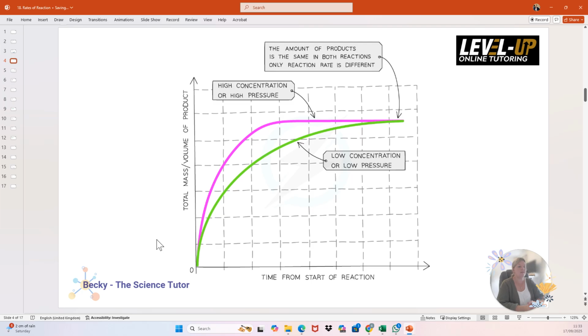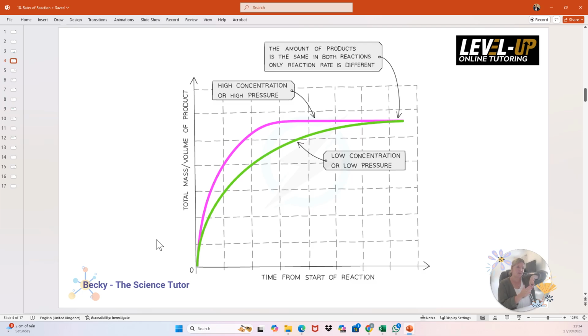So if we look at this one, let's say that that green line was already drawn for you, and the question might say to you, draw a second line on the graph to show the progress of the reaction at a higher concentration or a higher pressure, whatever the context of the question is. Now key thing is that we're still going to start at 0, because there is going to be no products at the start of the reaction, because we might not have even introduced those two substances yet. If they don't mix them together, they won't react.